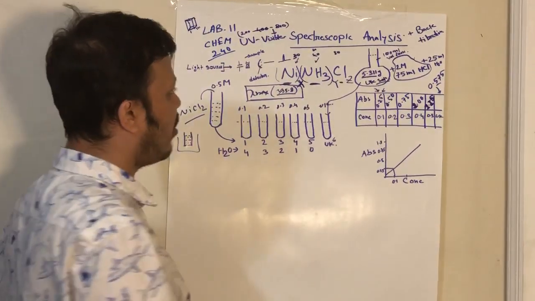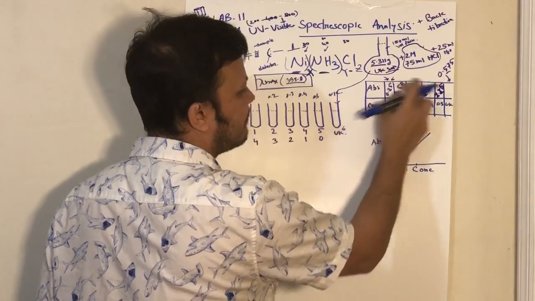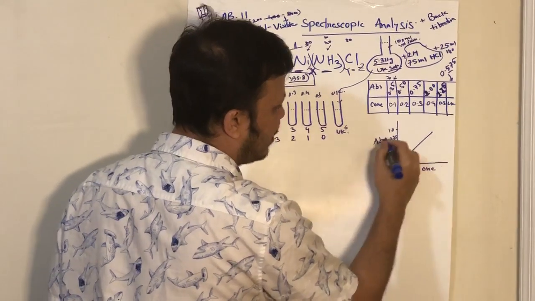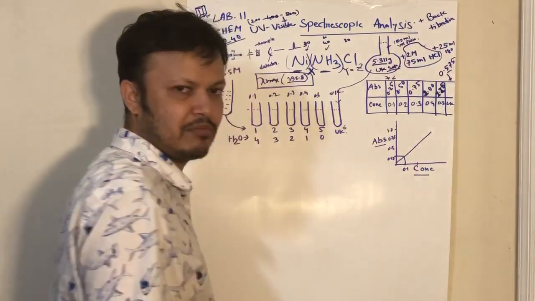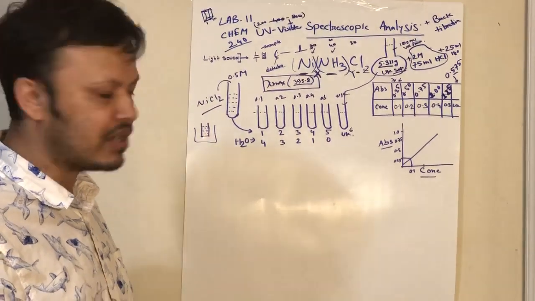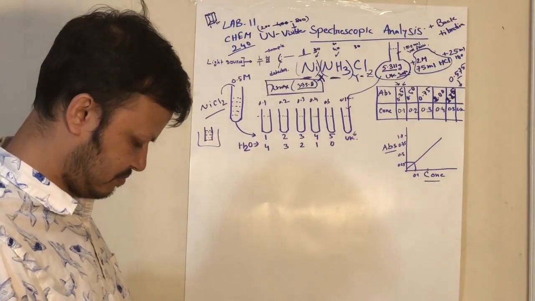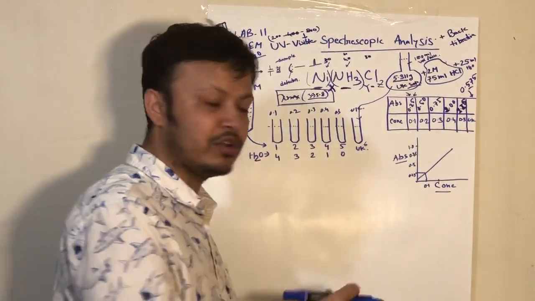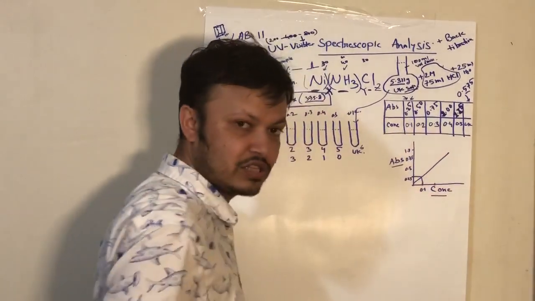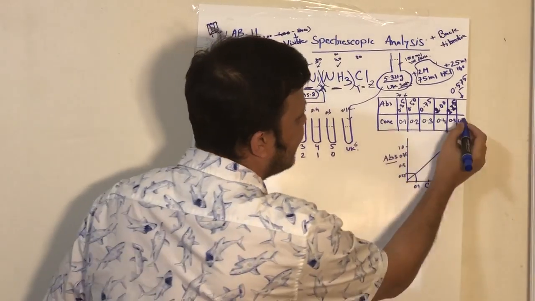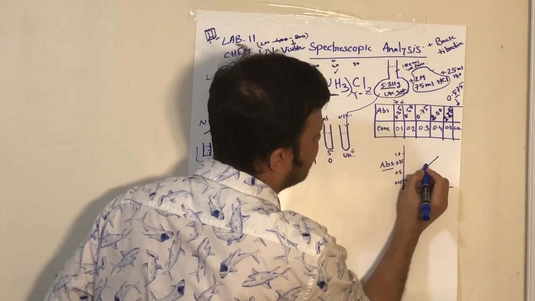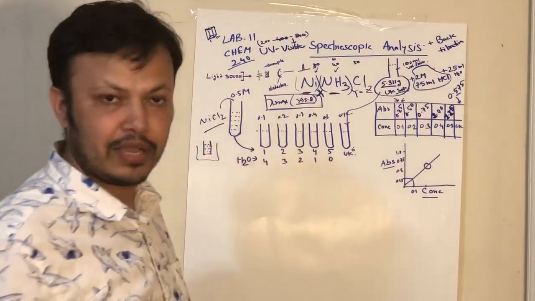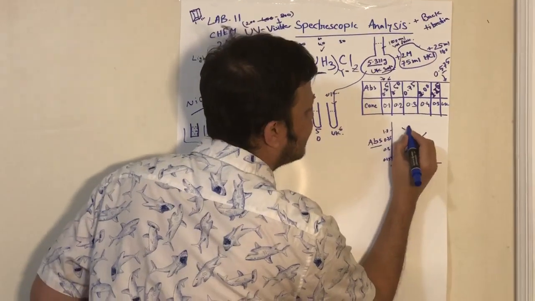Using all this data, 1, 2, 3, 4 and 5, you are going to plot an absorbance versus concentration plot. From here, put the unknown somewhere over here, and you will get y equals mx plus c.